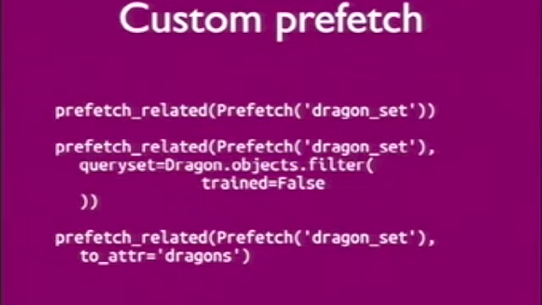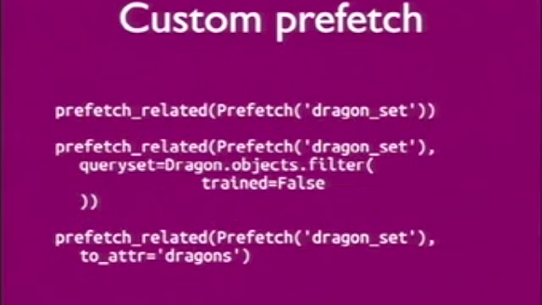What we should be doing in that second case is what I've done in the third one, which is using to_attr, because otherwise it puts only the untrained dragons on dragon_set.all, which is a bit confusing.